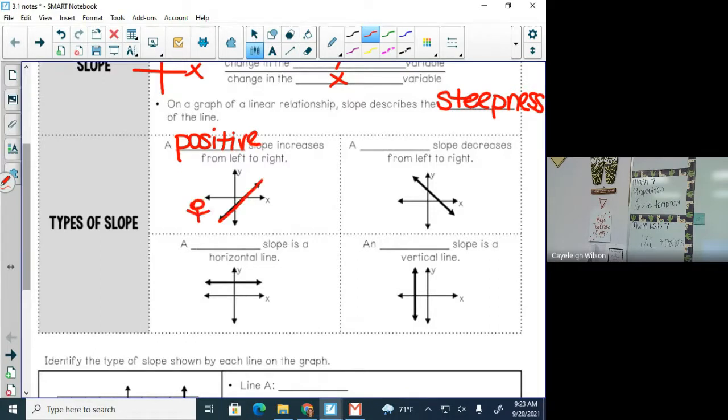So when you read a sentence, you read it from left to right. You also read a graph from left to right. So I always picture a little guy standing down here, and if he has to run up the hill, then we know that that slope is positive, because I'm reading it from left to right. If that guy has to run down a hill, then we can say that that slope is negative.